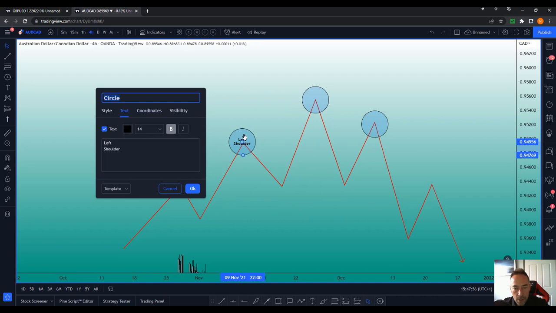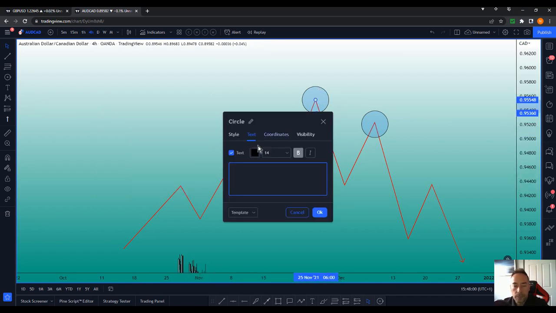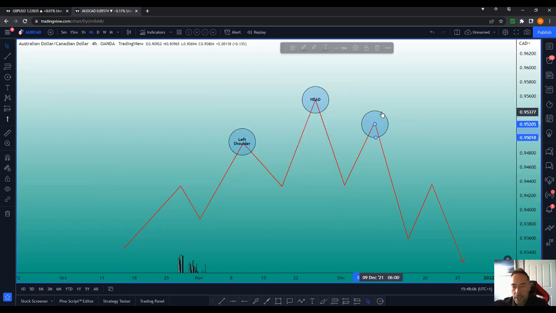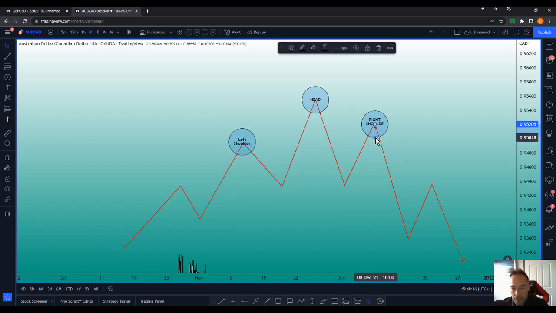Left shoulder there, head would be here, and here would be our right shoulder. Let's just make that a little bit bigger.